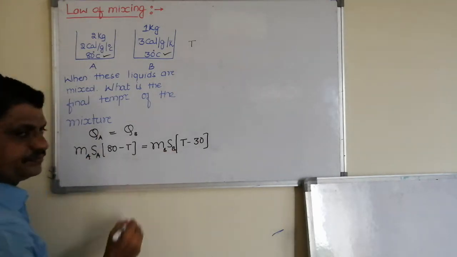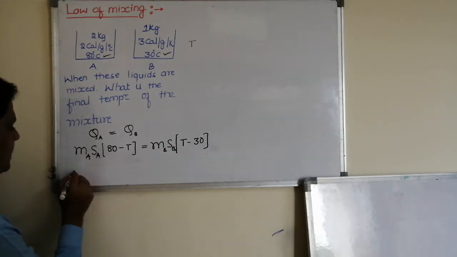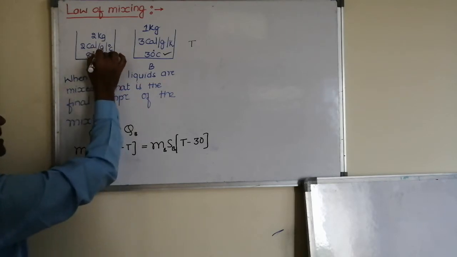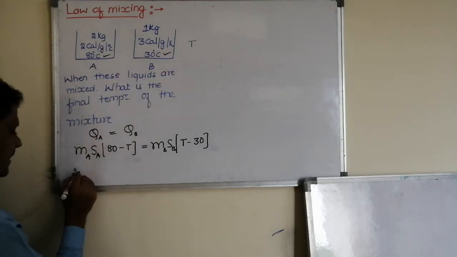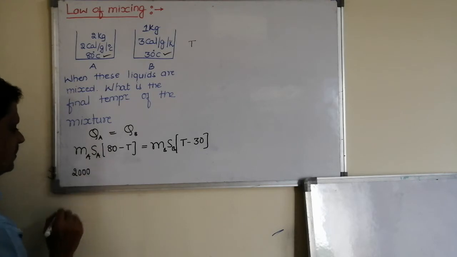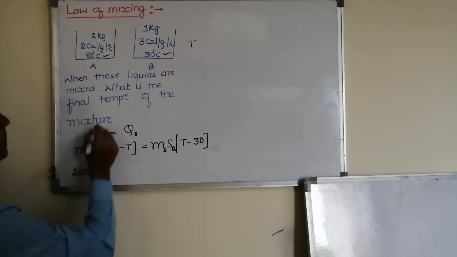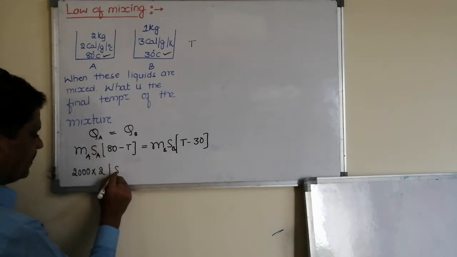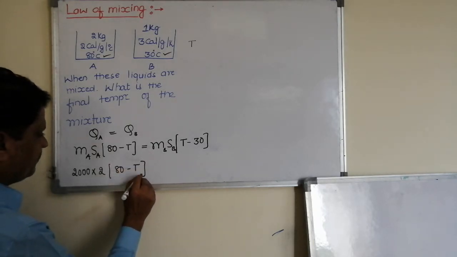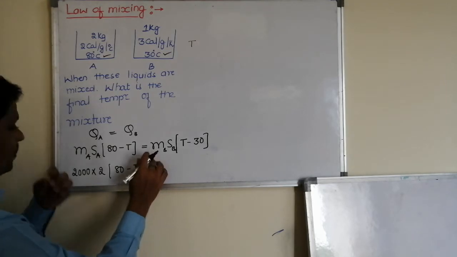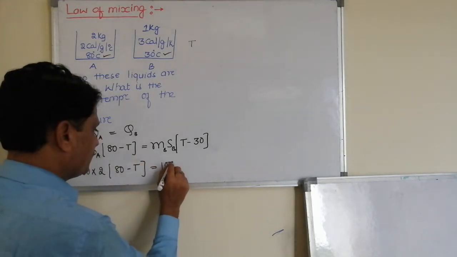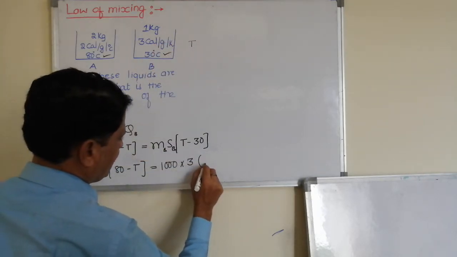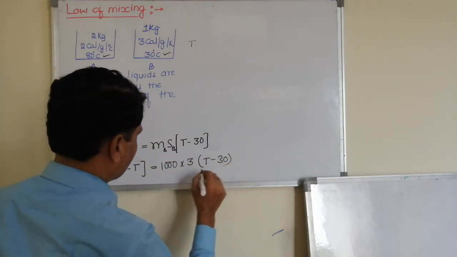Here it is 2 kg, but this is in gram, so I will write it as 2000 gram. Specific heat is 2, into 80 minus T. Here 1 kg means 1000, into specific heat 3, in bracket T minus 30.